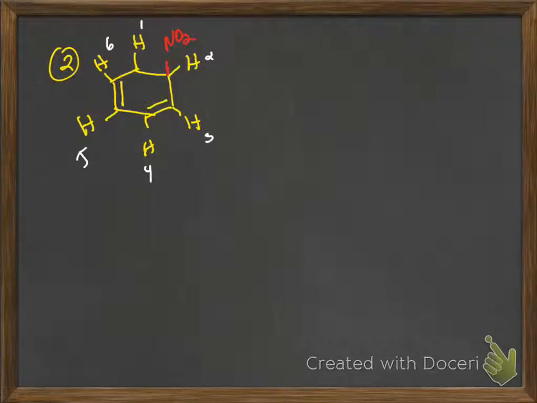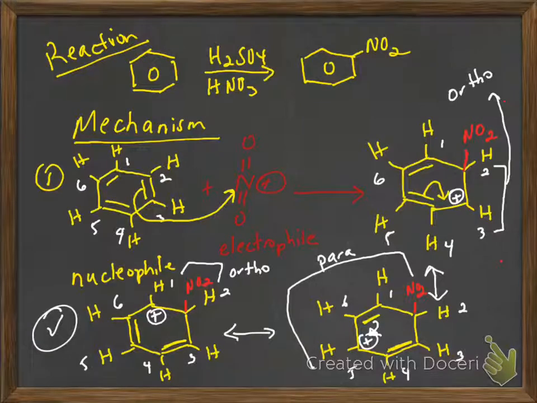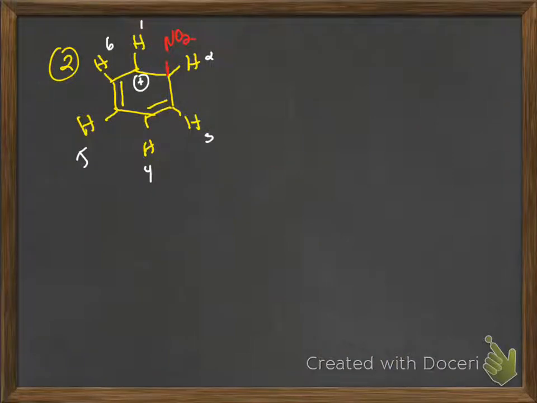Okay. And then my positive charge is on this carbon over here, number 1. All right, so in our last and final step, what we're basically going to do is, as I said, just eliminate this hydrogen. And the bond is now going to come between these two bonds, between 1 and 2.